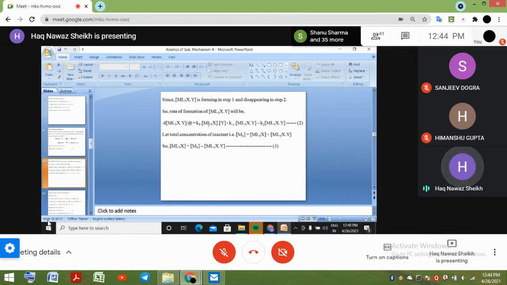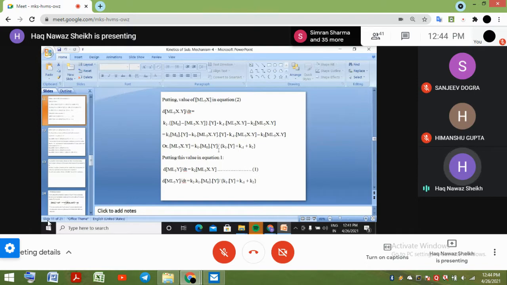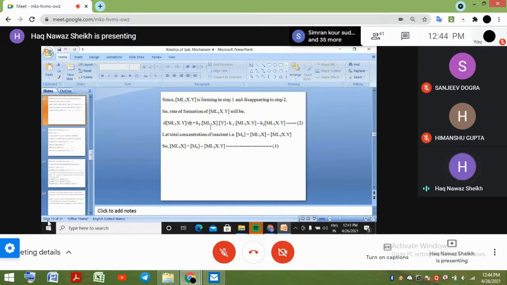So [ML5X], the original substrate, is equal to M0 minus this ion pair. So if you use this in the equation, K1, in place of [ML5X], I will write M0 minus [ML5XY]. This will remain [ML5XY].